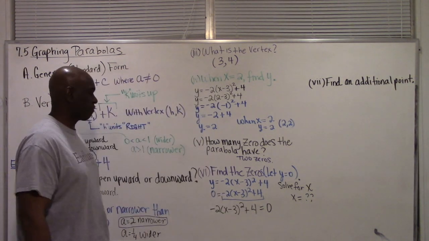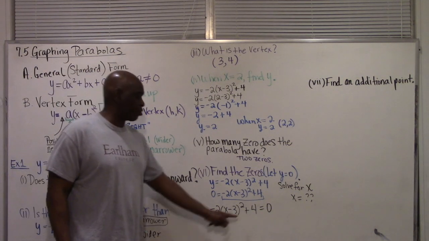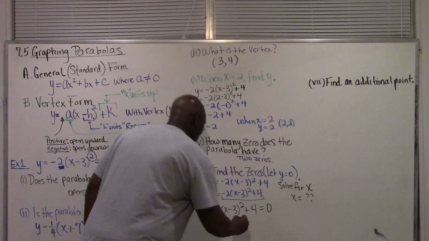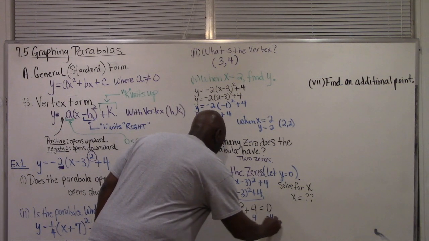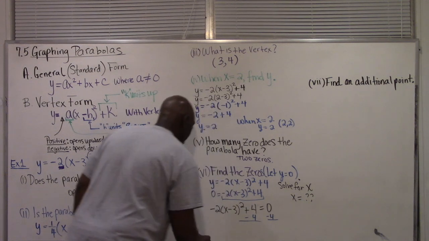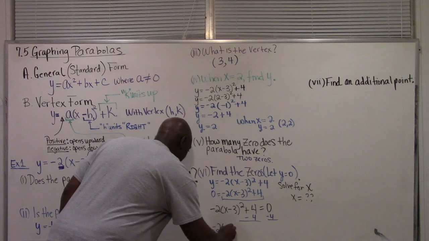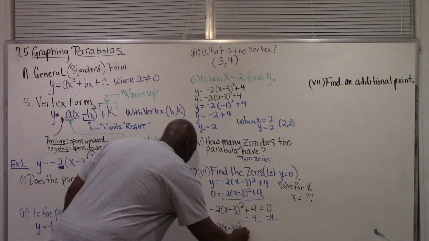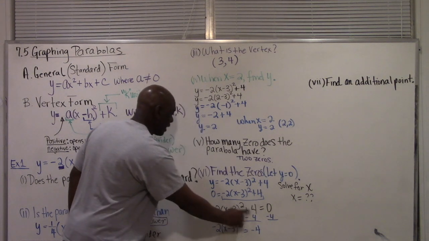In solving this for x, first, let's go ahead and subtract 4 from both sides. Negative 4, minus 4. That's going to give me negative 2 times (x minus 3) squared equals negative 4, because my 4's cancel out.